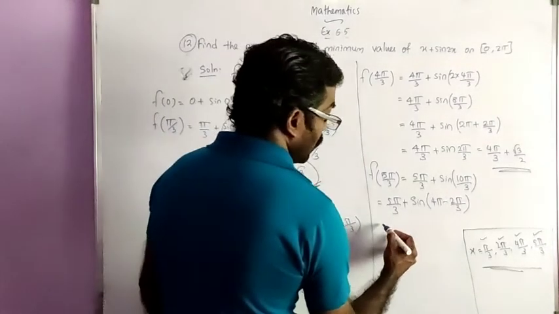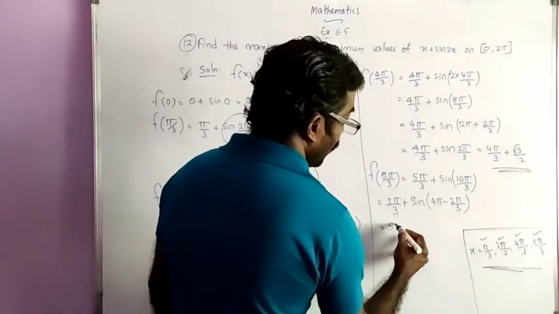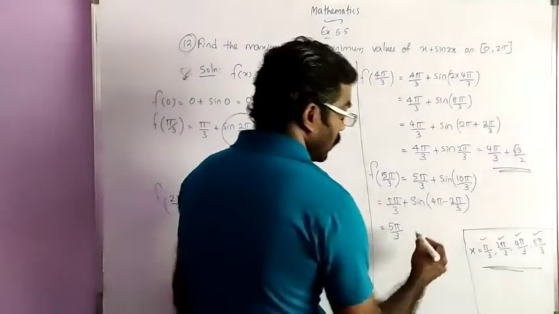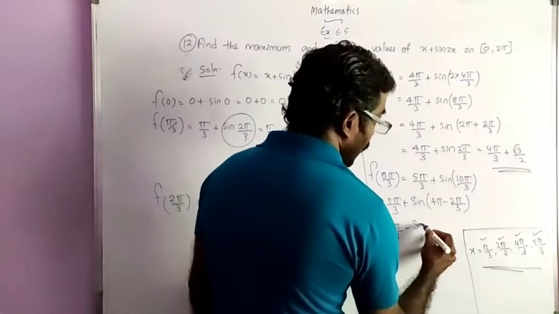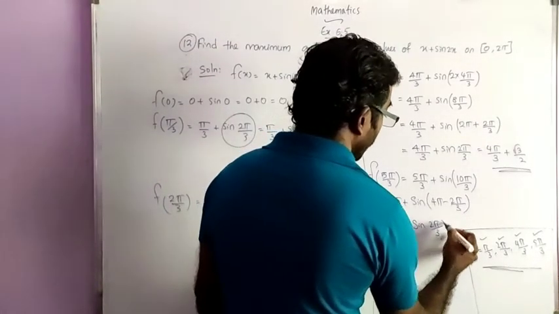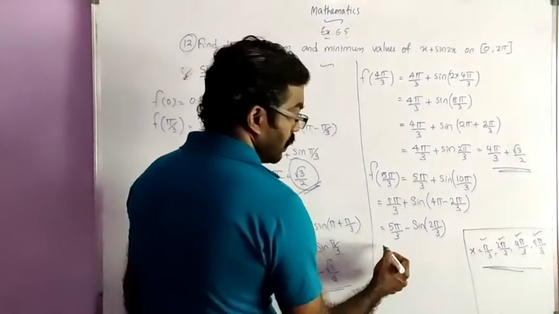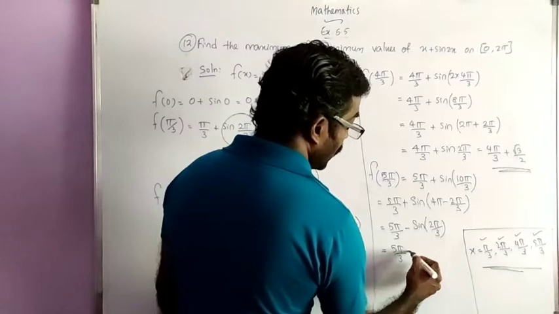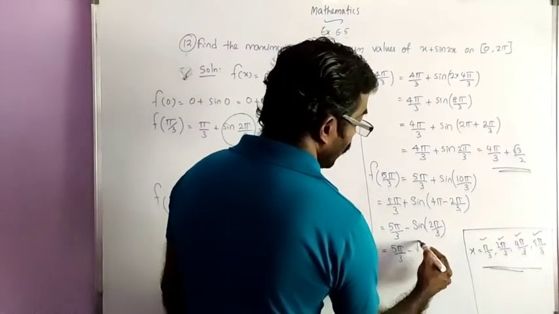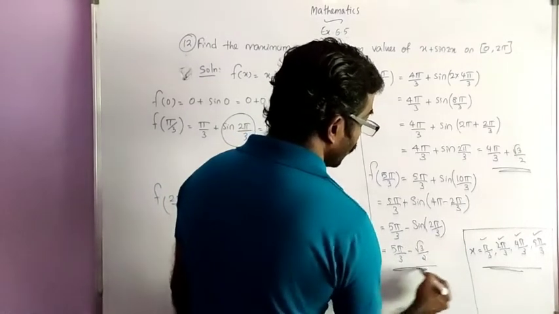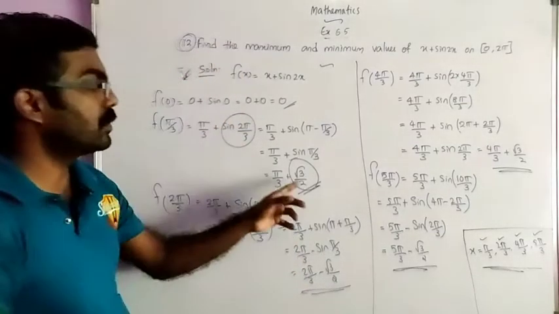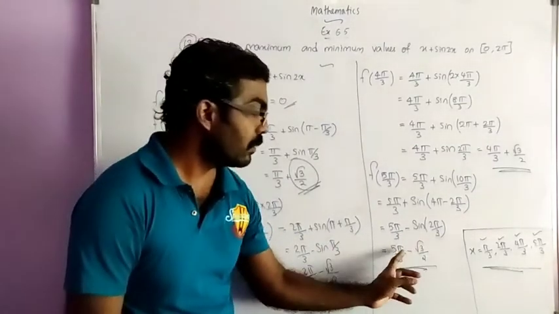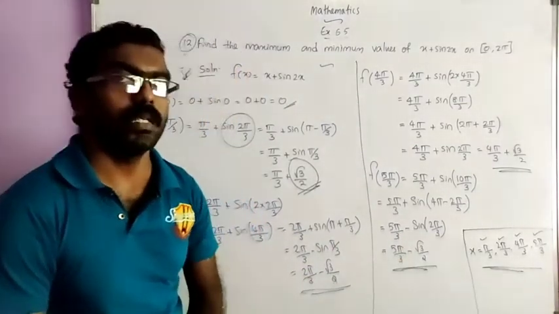So this will be equal to minus sine 2 pi by 3. So it is equal to 5 pi by 3 minus, again the value is root 3 by 2. Sine 2 pi by 3 value is root 3 by 2. So here 5 pi by 3 minus root 3 by 2.